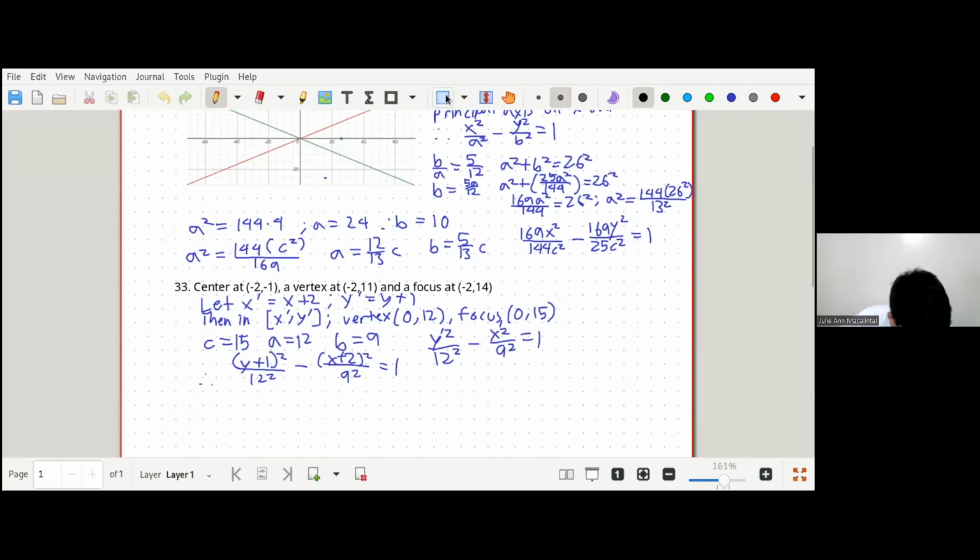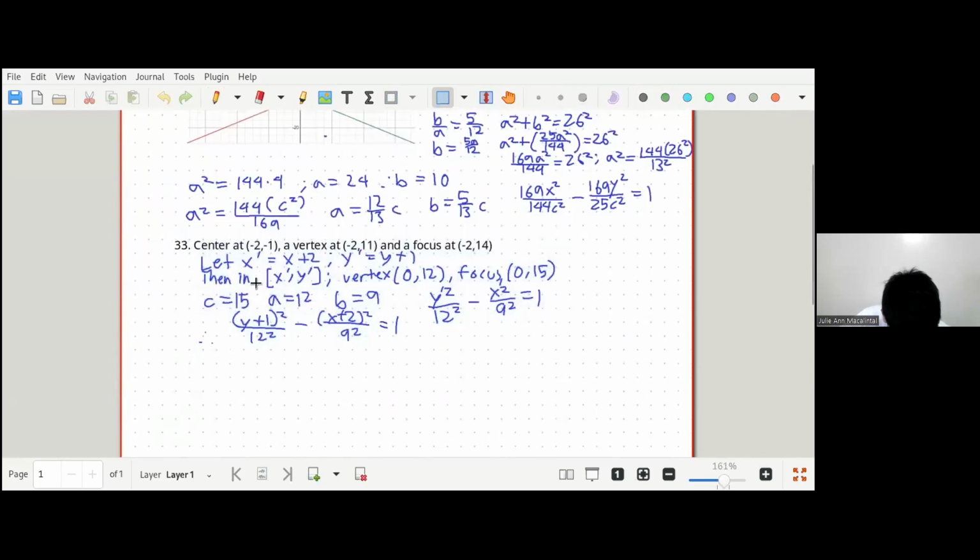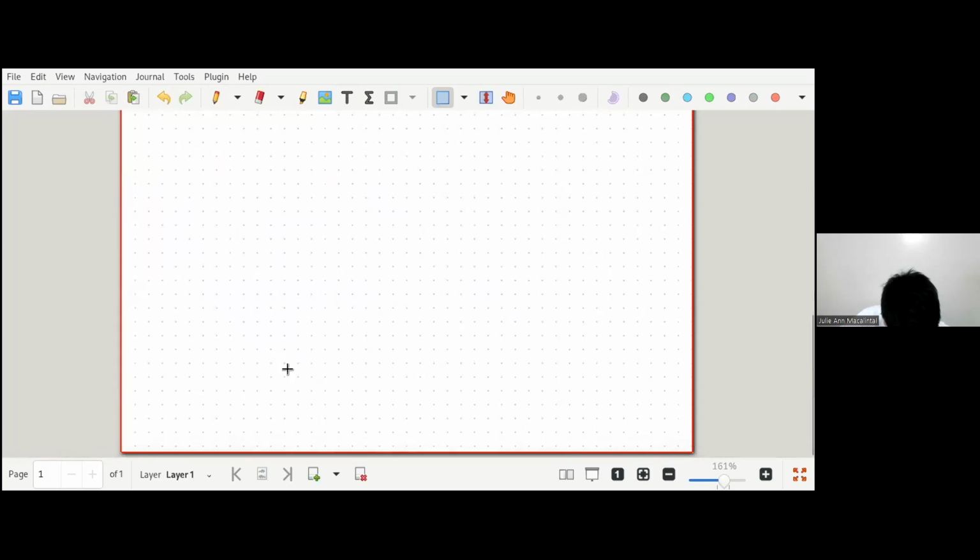So, pag-usapan natin yung editing process. Okay, so kokopyahin ko muna tong buong ito kasi we need more space. So, I'm going to go to the next page.